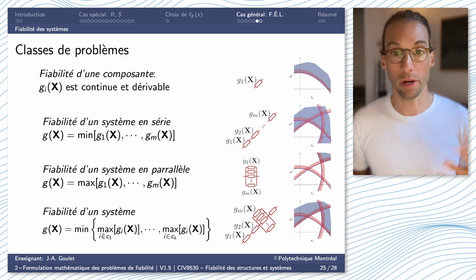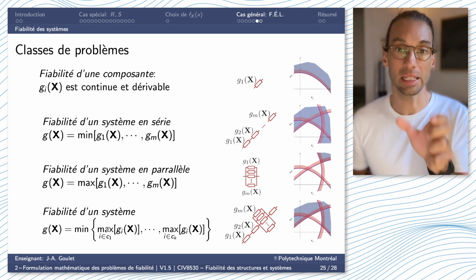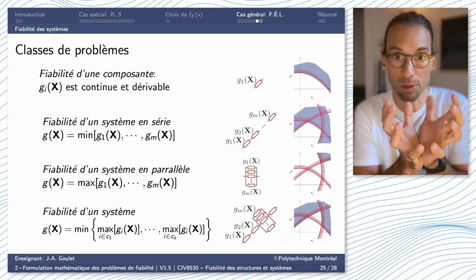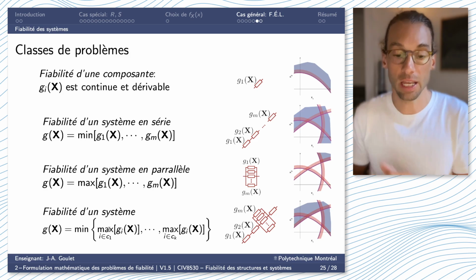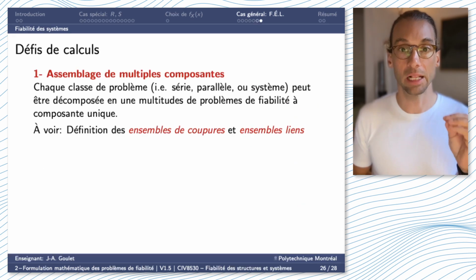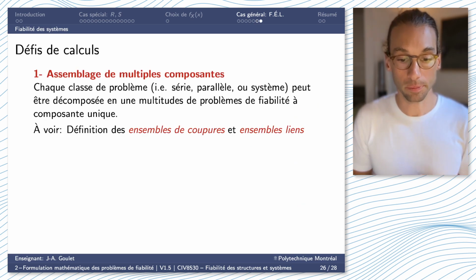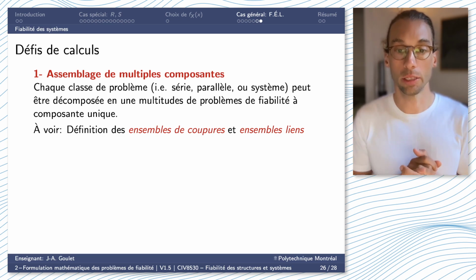So what I'm going to do is typically regroup all the parts that are in parallel and then look at them as subcomponents or subsystems that are themselves in series. Okay, we're going to cover all of this in detail in module 9. So what are the challenges associated with all these problems?